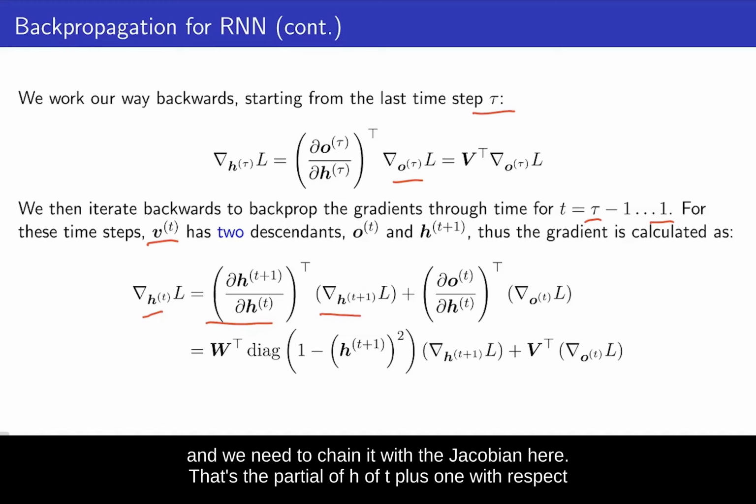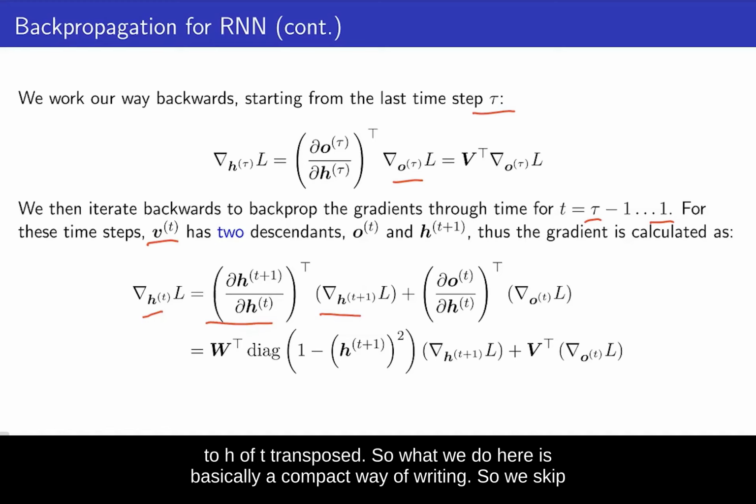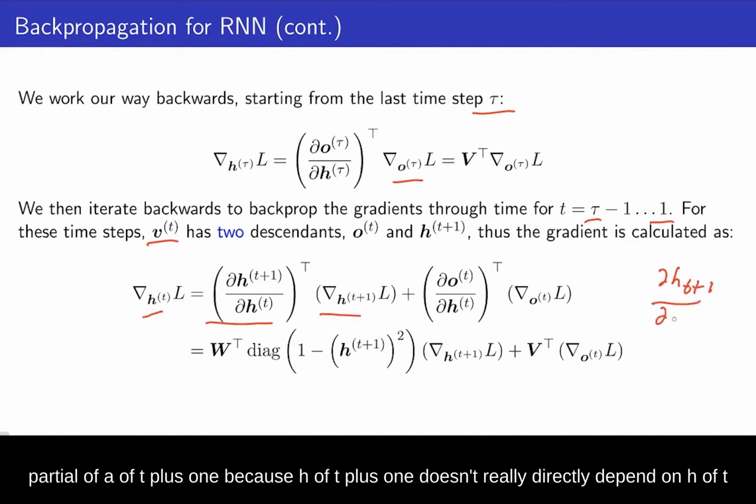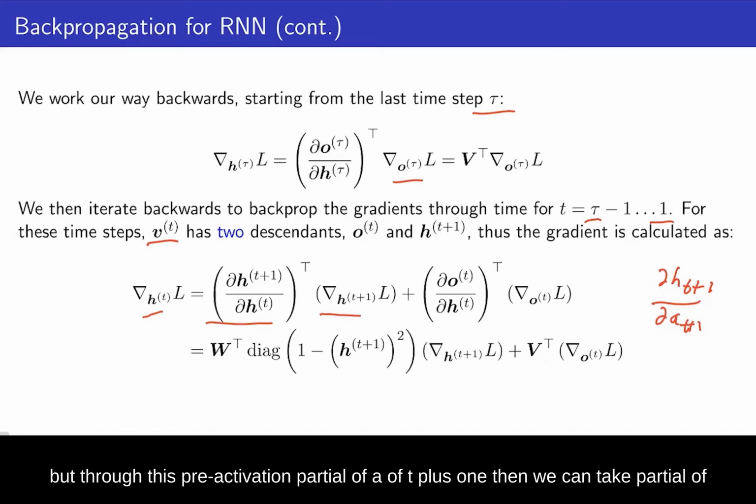That's the partial of h of t plus 1 with respect to h of t transposed. So what we do here is basically a compact way of writing. We skip a step in between, but what this really is, is the partial of h of t plus 1 with respect to a of t plus 1, because h of t plus 1 doesn't directly depend on h of t, but through this pre-activation a of t plus 1.